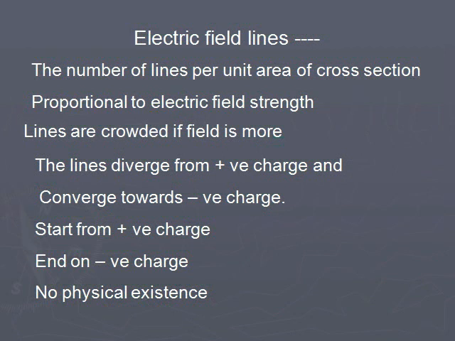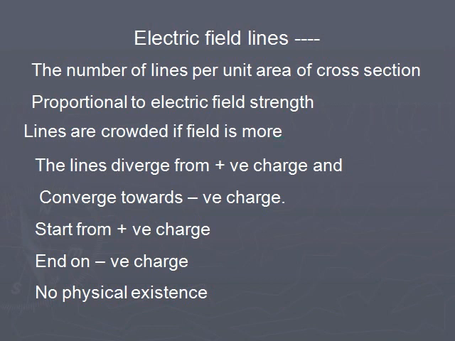Now let us study some of the properties of field lines. Electric field lines are imaginary lines with no physical existence. They show the direction in which a positive charge moves. A uniform electric field is represented by equidistant parallel lines. If the electric field line is curved, the field direction will be along the tangent at a point.